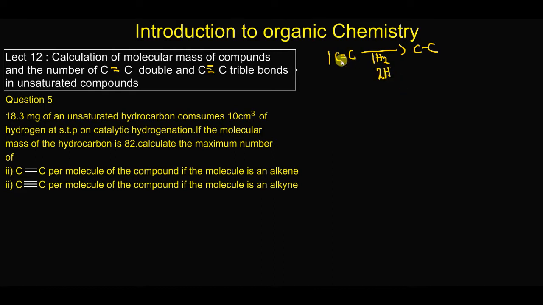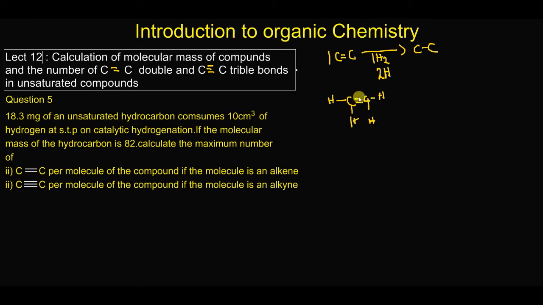So we have said that, and we did that by giving you the fact that if I have one double bond within a compound like this, there is only one double bond here.